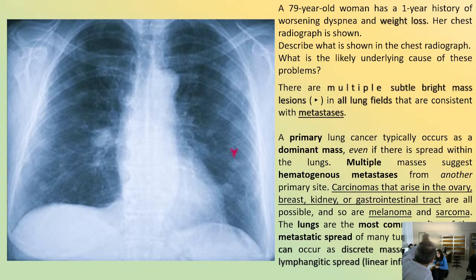It's either probably multiple masses here and there, but it can also have a pattern, we discussed it the other day, a pattern of lymphangitic dissemination, and this would make it look like diffuse infiltrates, not nodules.